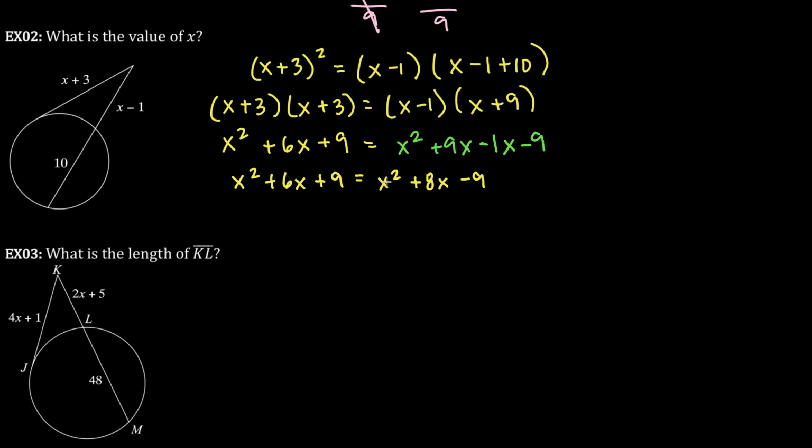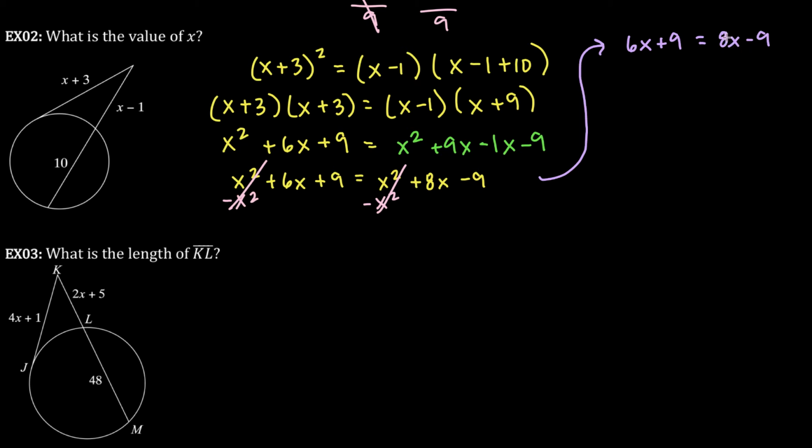All right, so let's go ahead and start solving for x. So I'm going to move the x's to one side. Minus x squared. That gets rid of that one, actually. So then I just end up with 6x plus 9 equals 8x minus 9.